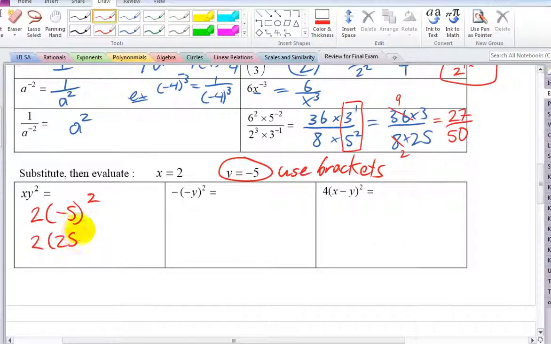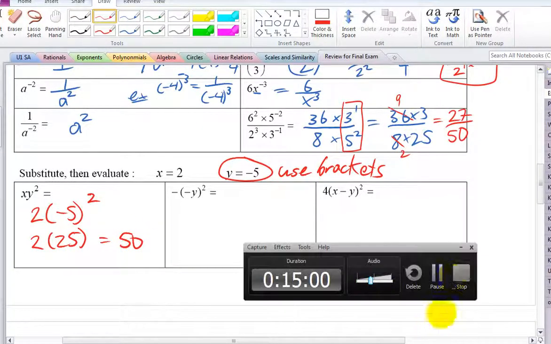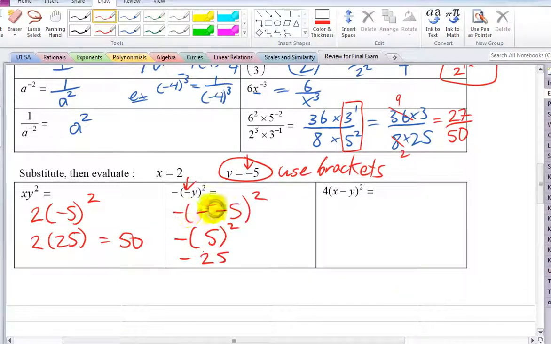So 2 times 25 equals 50. Okay. All right, try the next two. Go. Okay, so here you have double negative signs because you have two negative signs. Don't think when you substitute in, there's one there already. Okay. So 4 times 2 minus negative 5 squared. Now I can correct my signs.